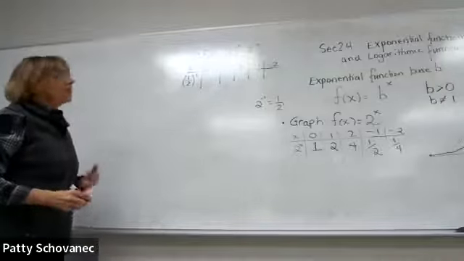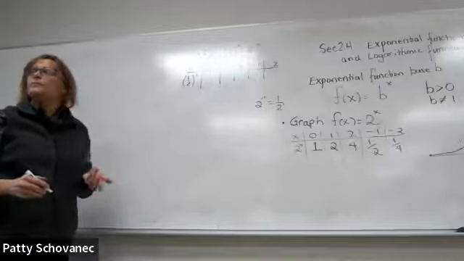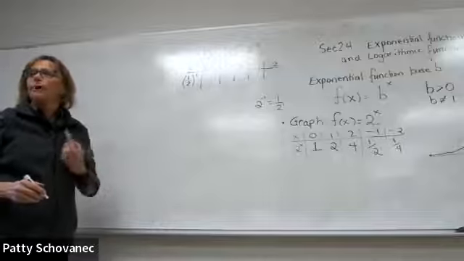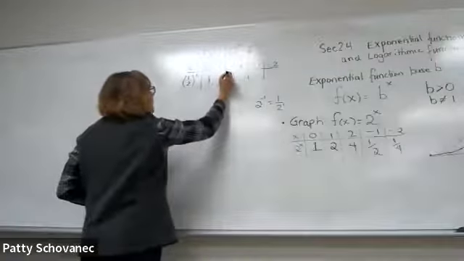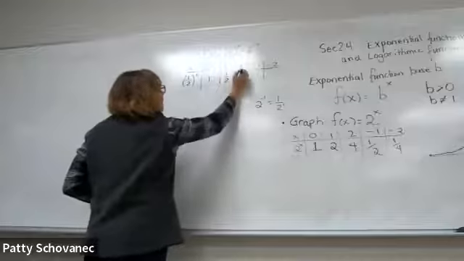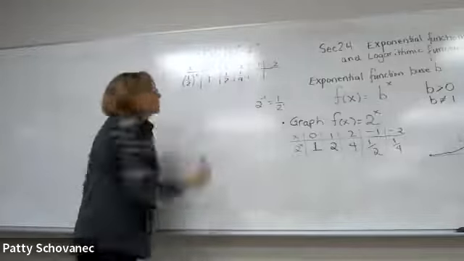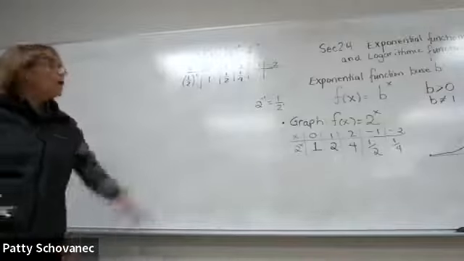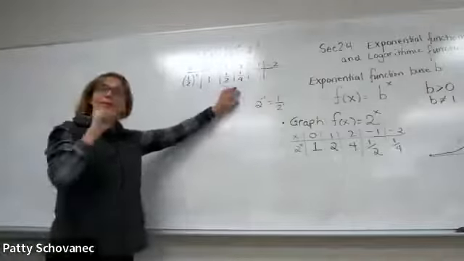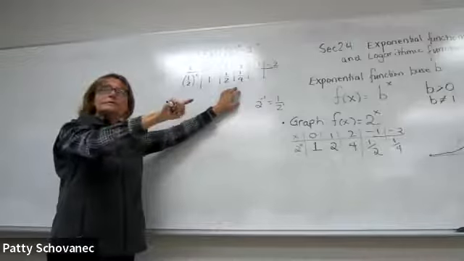When I plot 0, I get 1/2 to the 0, and as before, any number to the 0 power is 1. Then I get 1/2 to the first power is 1/2. 1/2 squared is 1/4. 1/2 cubed will be 1/8. So I'll be able to make the y values real small as I march out the positive x-axis.